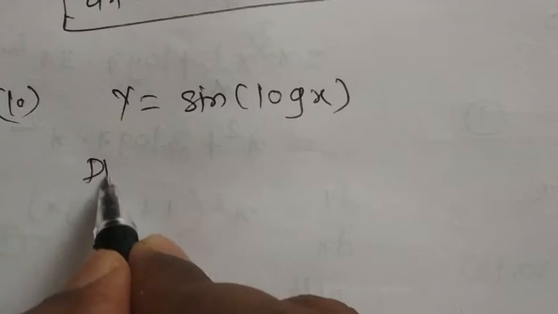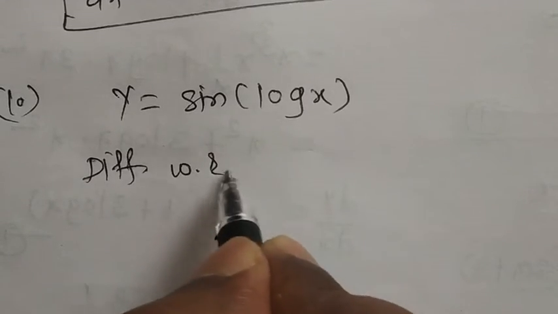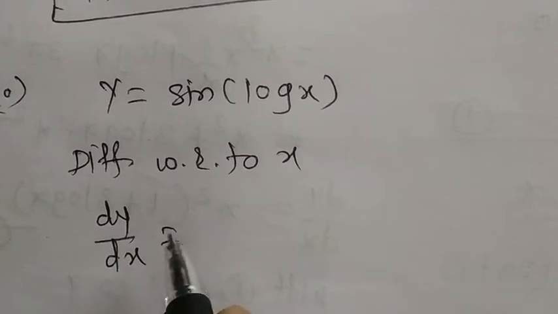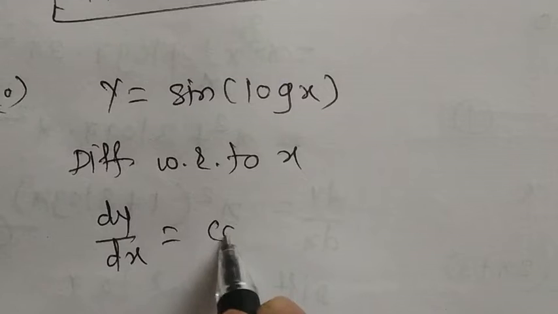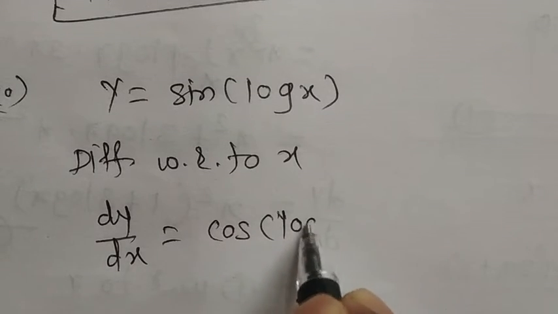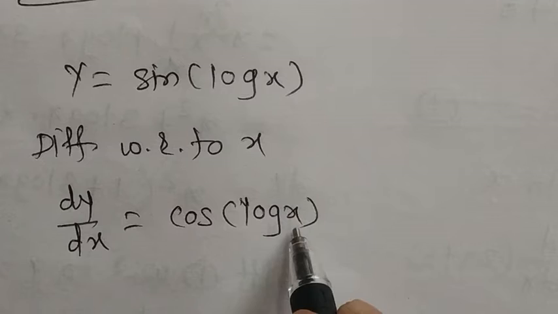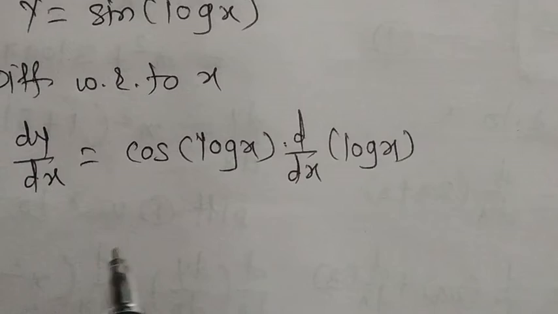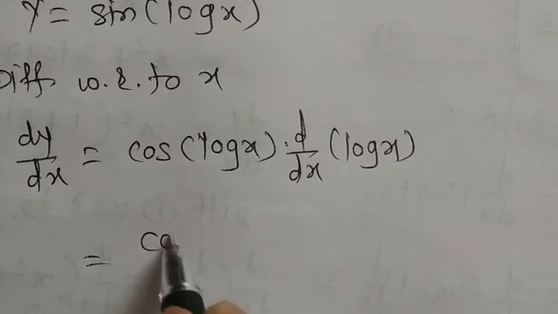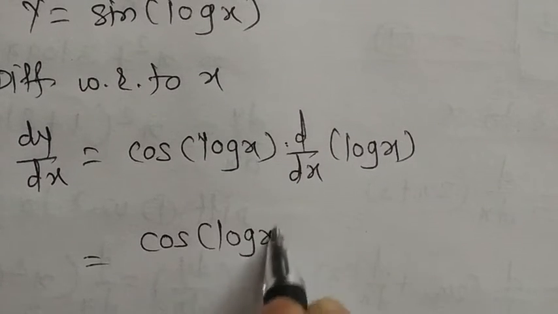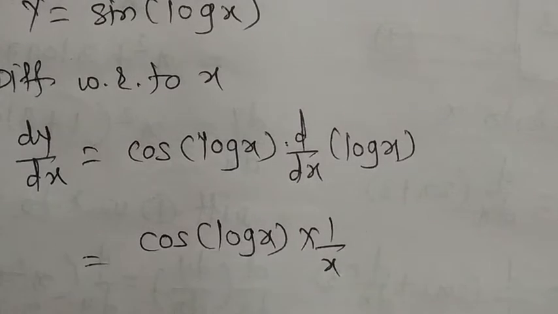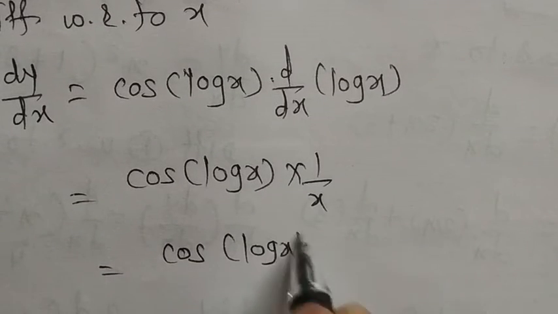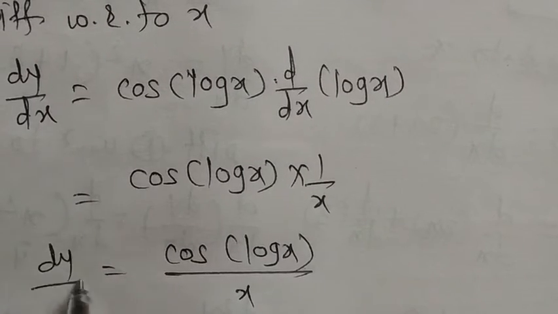Then differentiate with respect to x: dy by dx equals the derivative of sine u, that is cos of u, then differentiate again, du by dx, d by dx of log of x, so cos of log of x, and the derivative of log of x is 1 by x, that is cos of log of x upon x. This is your dy by dx.